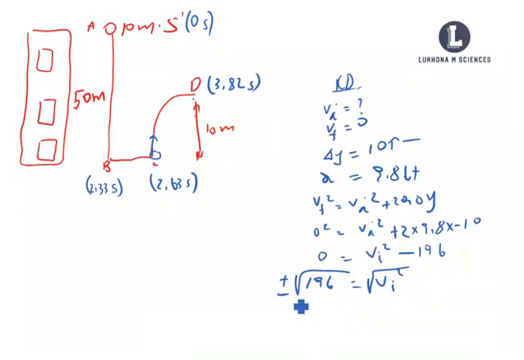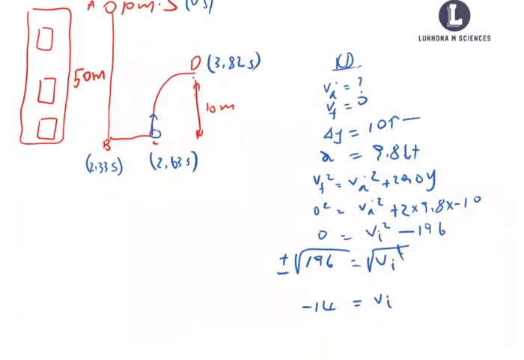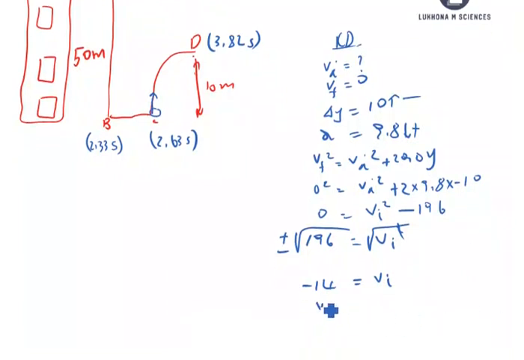The square root of 196 is 14. Then since it is going up, we choose the negative one. So therefore the initial velocity, that is the velocity at C, is 14 meters per second upwards. Okay, so we have the velocity at C.